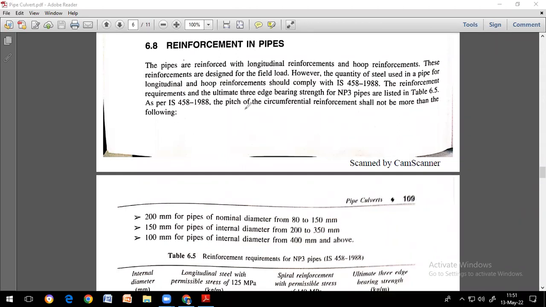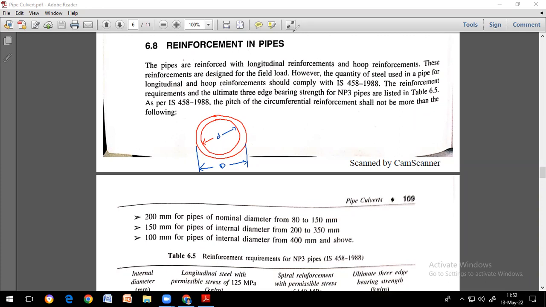Okay, so let us take an RCC pipe with a defined thickness. Okay, right? So this is an internal dia, small d, and this is an external dia. Okay, right?